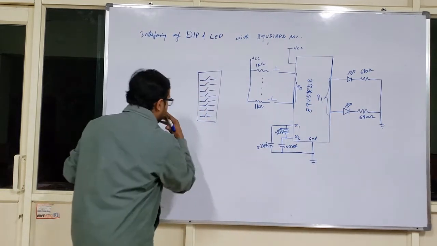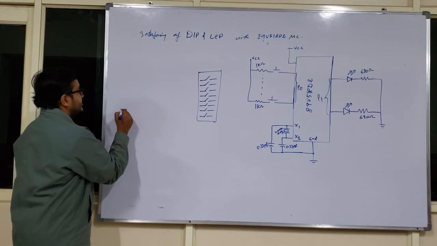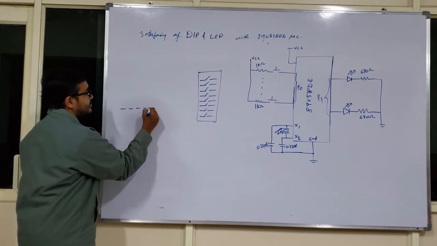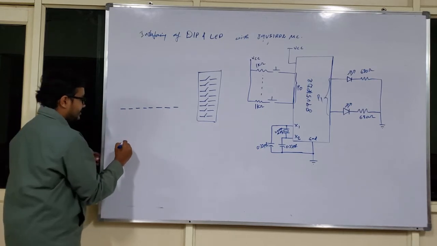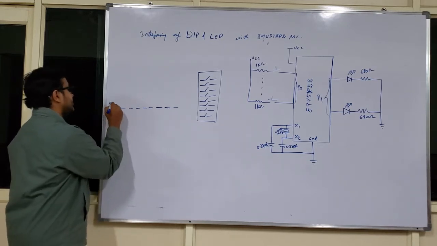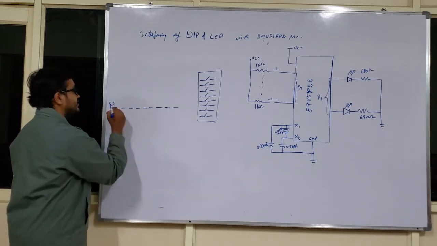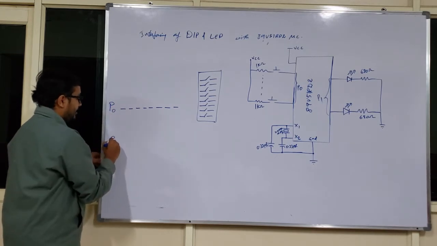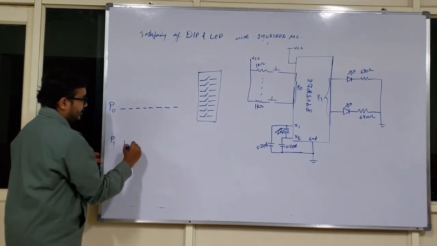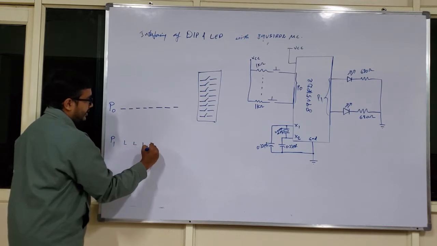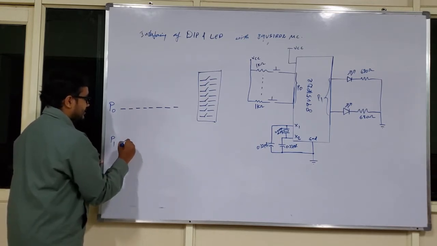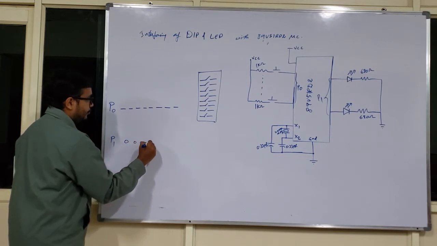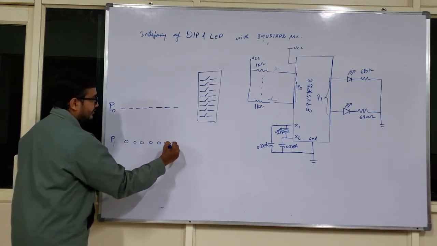So the activity you have to do is, I am having the DIP switch like this, 1, 2, 3, 4, 5, 6, 7, 8, and this DIP switch is connected with P0. And I am having the LEDs, which I would like to indicate with L as a notation, 1, 2, 3, 4, 5, 6, 7, 8.